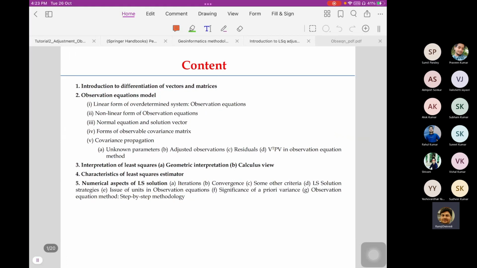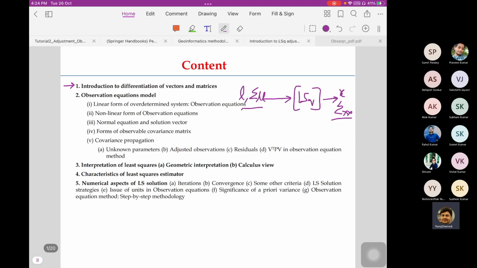What we are going to cover now, first we will discuss the basic introduction to differentiation of vectors and matrices. When I say least square model, it takes input as L and sigma LL, and gives X and sigma XX.